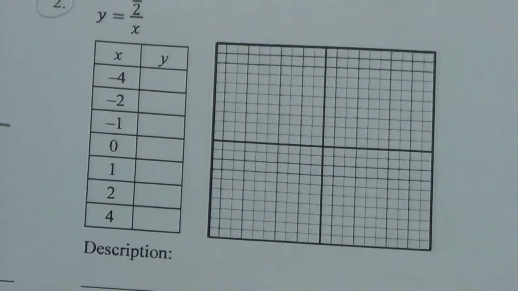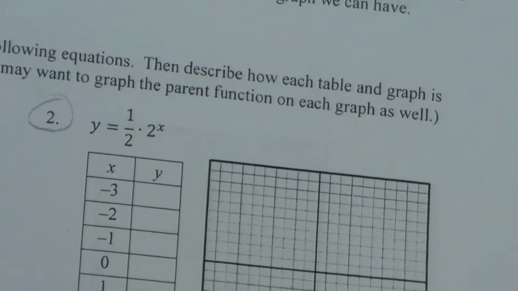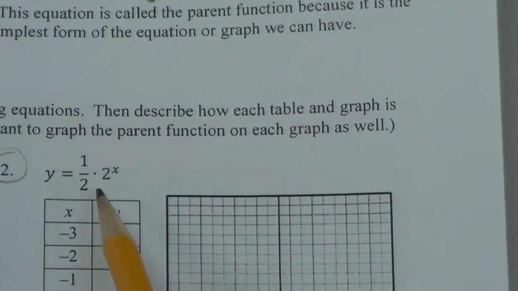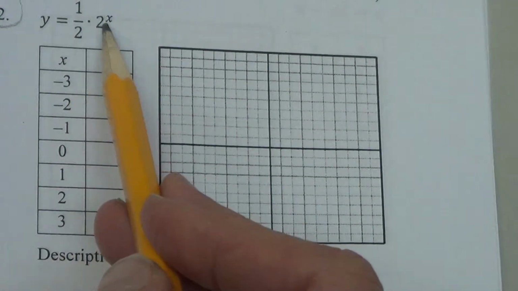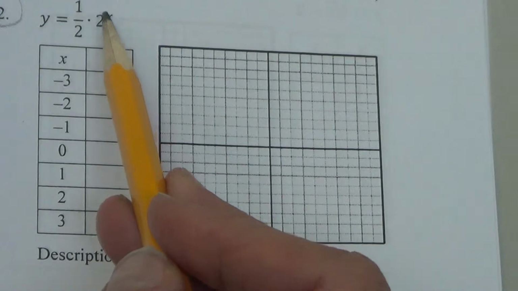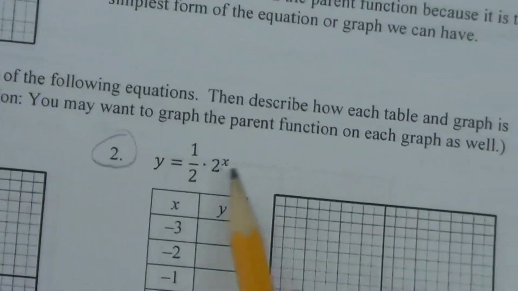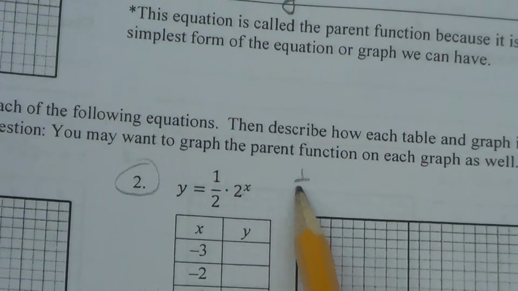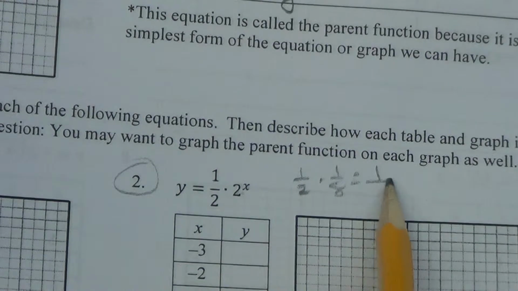I'm going to do the first calculation in each table with you, just so you can see how to run those calculations. So, on this one, we plug the -3 in for our exponent. 2 to the -3rd again was 1/8. 1/2 of 1/8 would be 1/16.